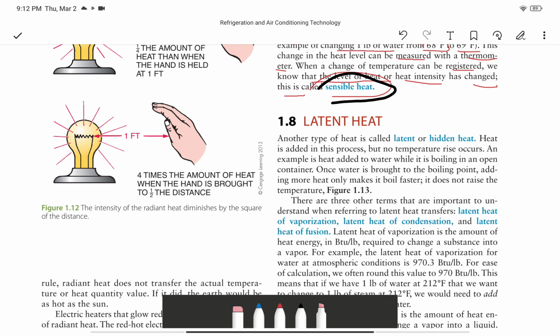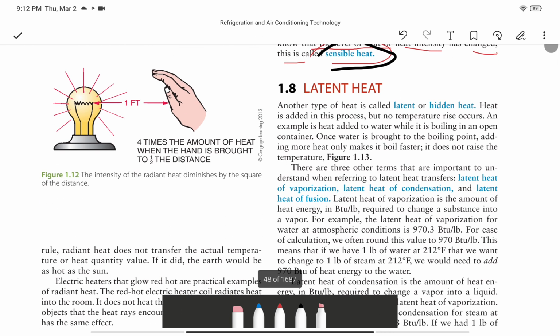And then latent heat. This is actually a hidden heat. This is the heat that is added in this process, but no temperature rise occurs. You cannot notice it. There is no change of temperature that takes place. For example, heat added to water while it is boiling in an open container.